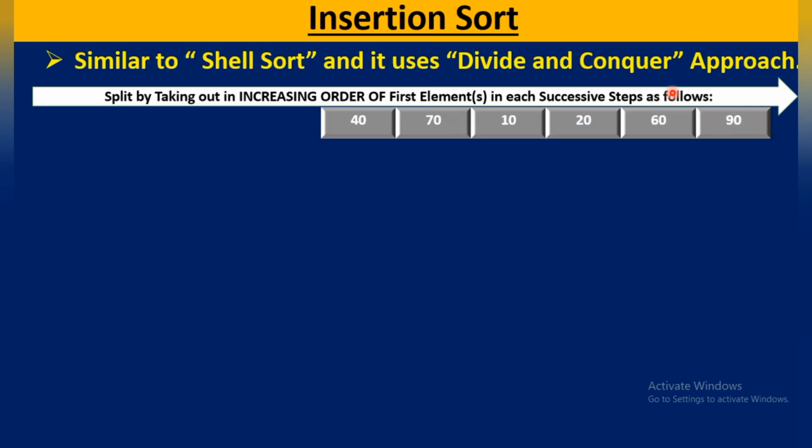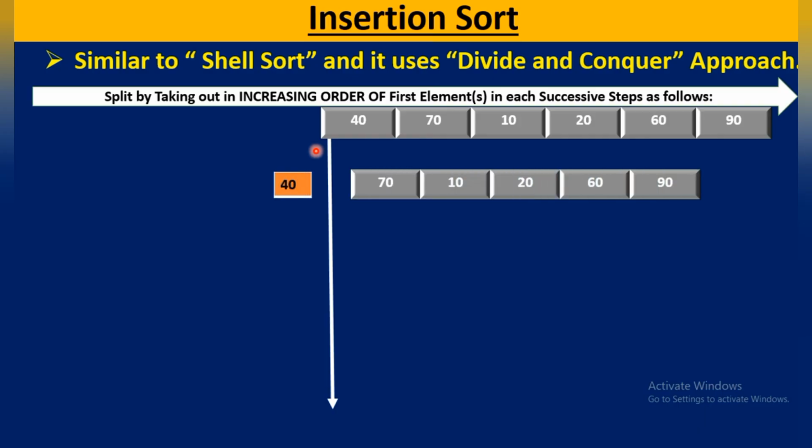These are the different elements given: 40, 70, 10, 20, 60 and 90. Friends, this is the dividing partition, represented by an arrow mark. Now what we are going to do is take the elements in increasing order, that is, on the left side we arrange in ascending order by taking elements from the right side.